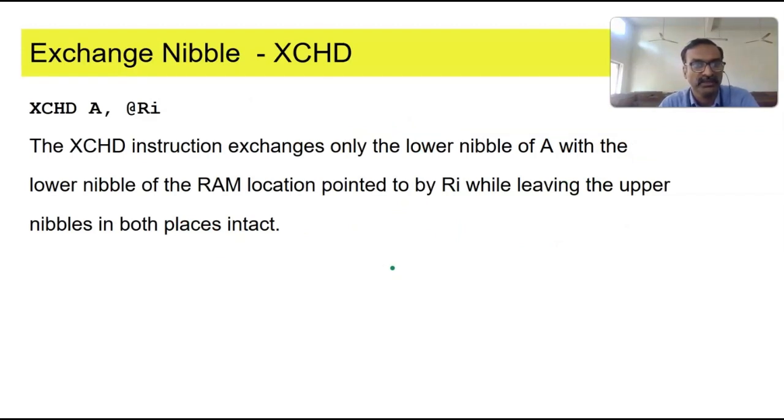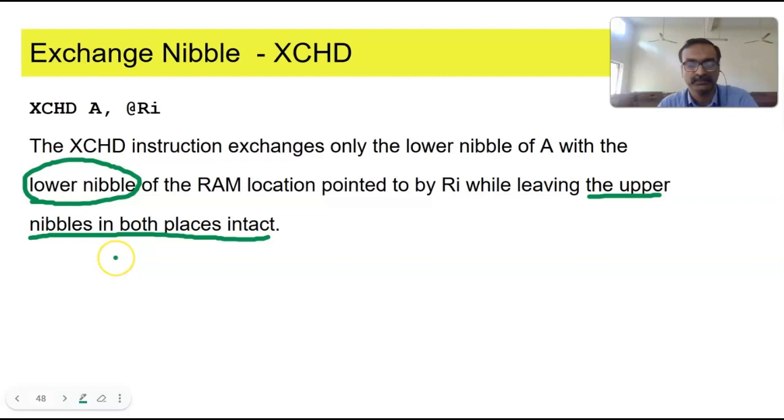So XCHD exchanges only the lower nibble of A with the lower nibble of the RAM location pointed to by Ri, leaving the upper nibbles in both places intact. The upper nibble is not affected. That is important. Only the lower nibbles are affected. This is a special type of instruction and you have to know that.